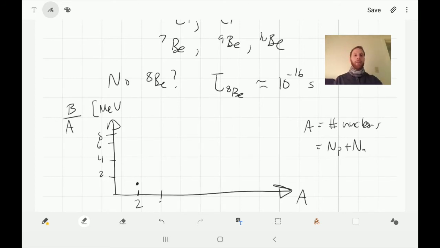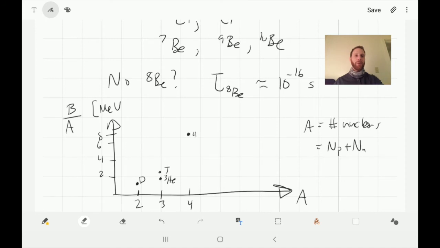Going further up the list, helium-3 and the triton. Let me call this deuterium, this is helium-3, and tritium is here. Then you go to 4, and you've got helium-4 with a very large binding energy per nucleon. In other words, it takes a lot of energy to separate helium-4 into two separate protons and two separate neutrons.